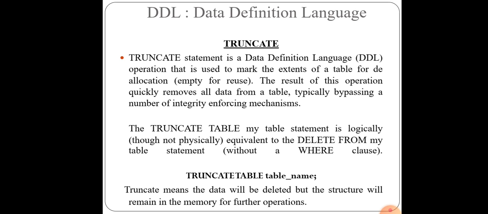It will simply delete the data from the RDBMS and it won't exist physically after this. You won't be able to regain it. So the data will be deleted but the structure will remain in the memory. That means if you have entered roll number 1 or something like this, name of the student, the records will be deleted but the basic structure will remain as it is.